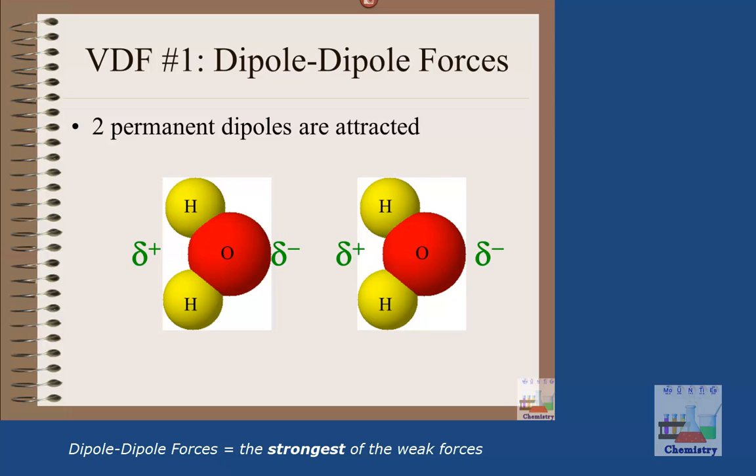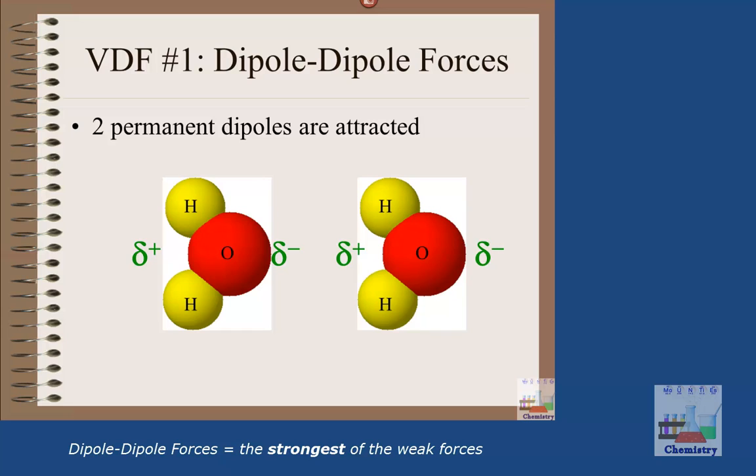The oxygen-hydrogen bond, oxygen is more electronegative than hydrogen, so there's polarity in the bond. And the bent shape of the water molecule, due to the two shared pairs, the two atoms bonded to the oxygen, and the two lone pairs that exist on the oxygen, creates this permanent dipole, where your oxygen end of the molecule has a partial negative charge, while the hydrogen end of the molecule tends to take on the partial positive charge.